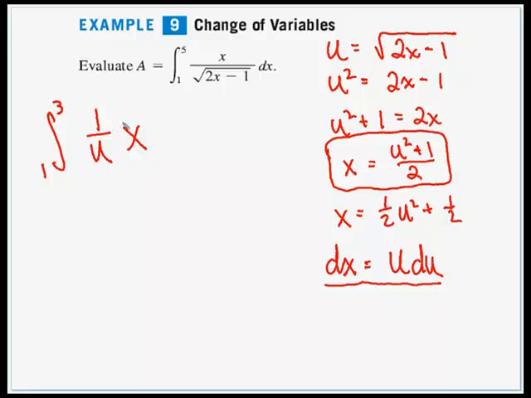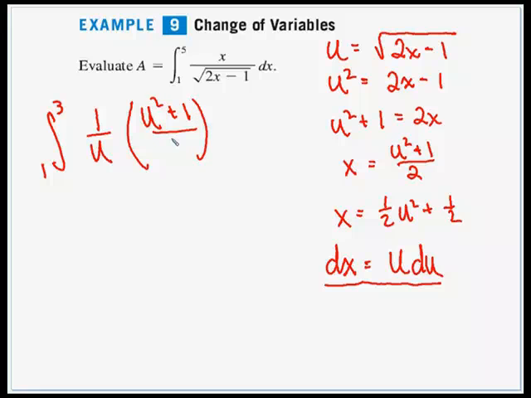So I'm not going to put in x here, I'm going to put in (u squared plus 1) all divided by 2. And then dx we can replace with u times du. So here is u du. And here's why doing it this route, letting the u sub be the entire radical, makes this problem a little simpler. We have 1 over u times u. Those cancel out. So those are now gone.